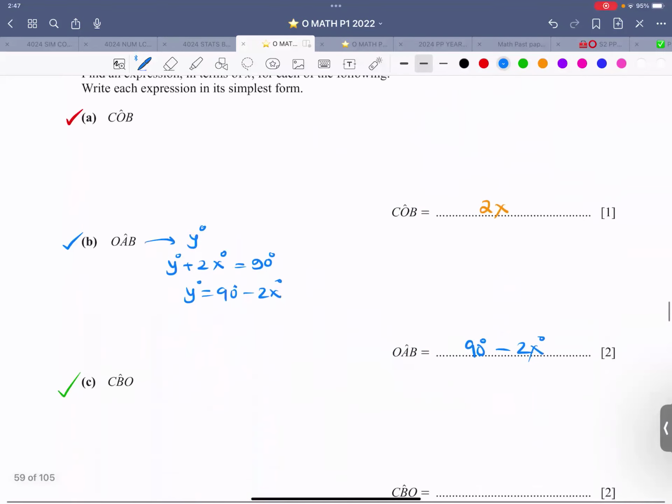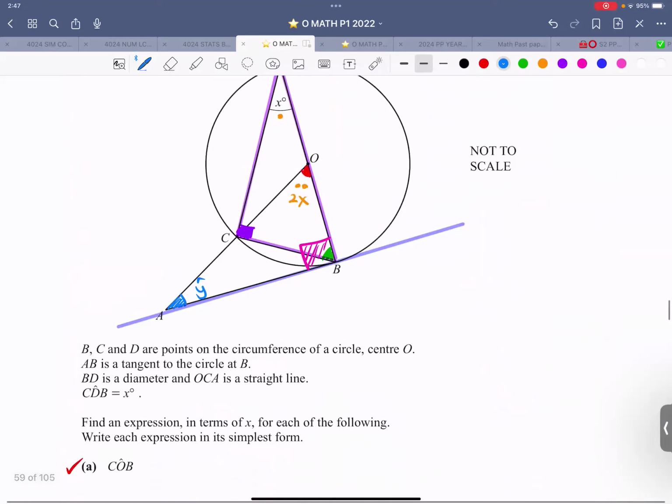And then the last one, CBO, the green angle. There are different ways of getting this. Let's call the green angle W. This one is also W, since this is an isosceles triangle.